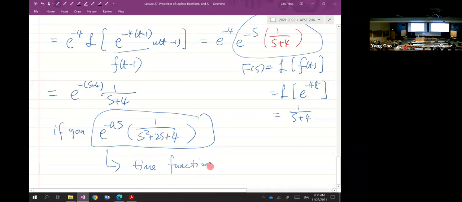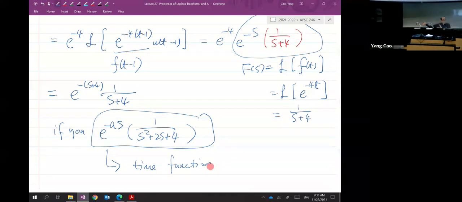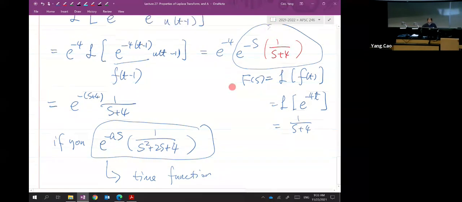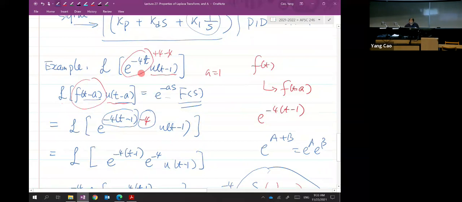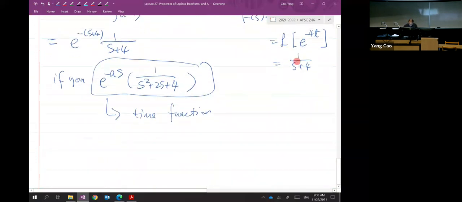When you convert it to the time function, whatever time function you end up with, there should be some sort of a delay in your time function. That's what this exponential term does. So the time function must have a delay. This is also very useful when you design a control system.